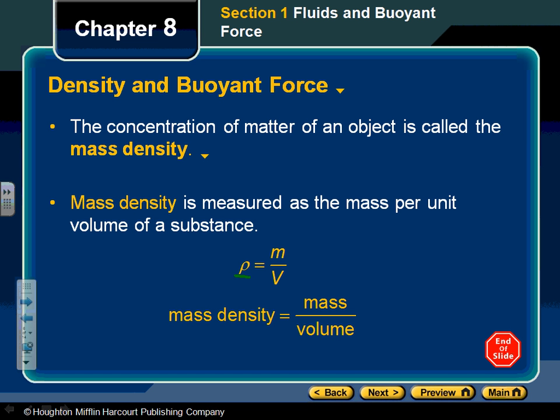It looks like a P. Density is equal to mass divided by volume. Mass divided by volume. Our units for density are going to be kilograms per meter cubed. Kilogram per meter cubed.